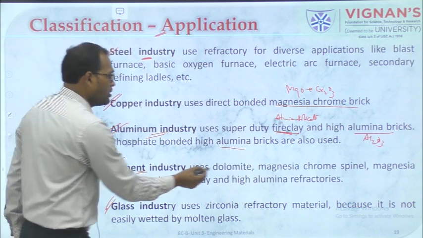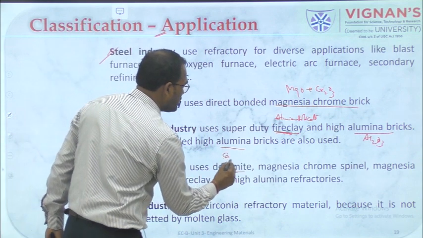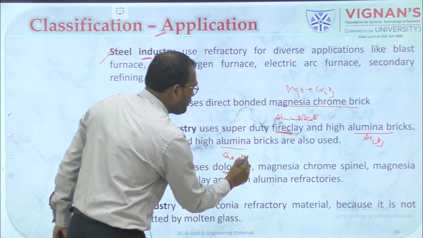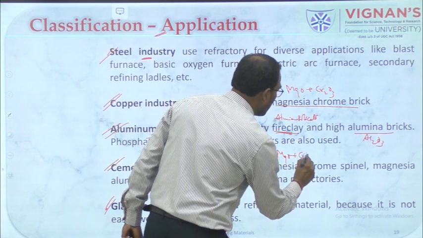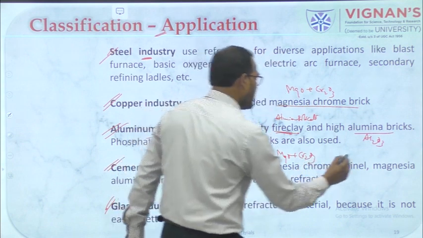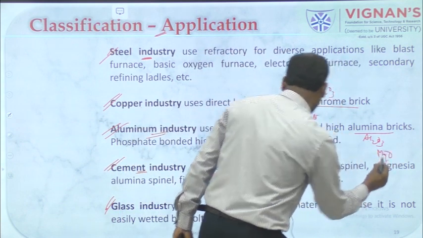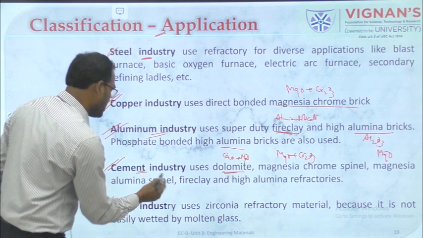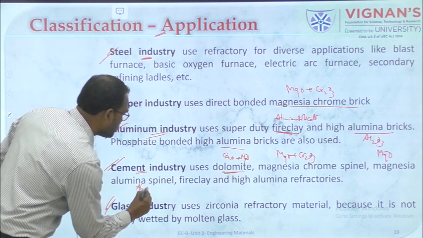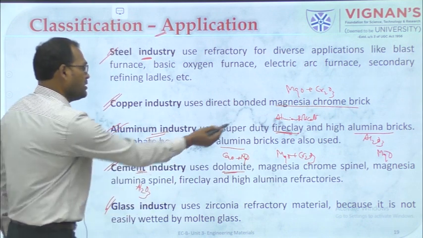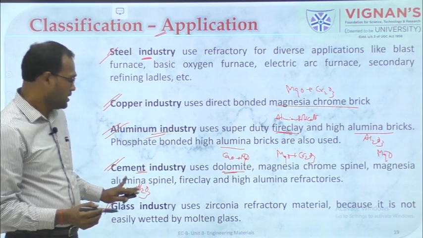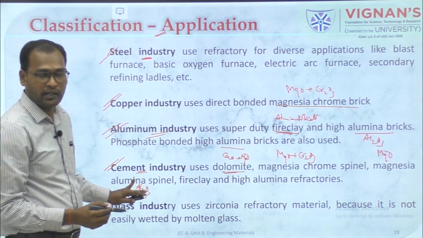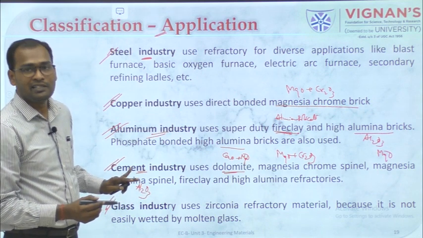Cement industry uses dolomite, CaO plus MgO, magnesia chrome, MgO plus Cr2O3, and magnesia is nothing but MgO, right. And alumina spinel, where alumina will be Al2O3, and this is once again the same alumina silicate, right. So these are some of the refractory examples which are used in the cement industry.